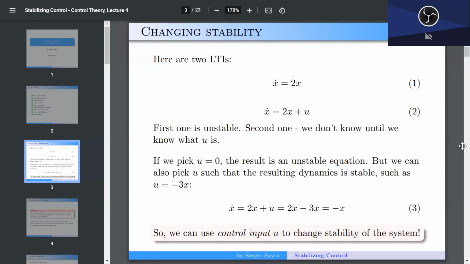Right. So last time, what we saw was, for such a system, it makes perfect sense to write it in this form.